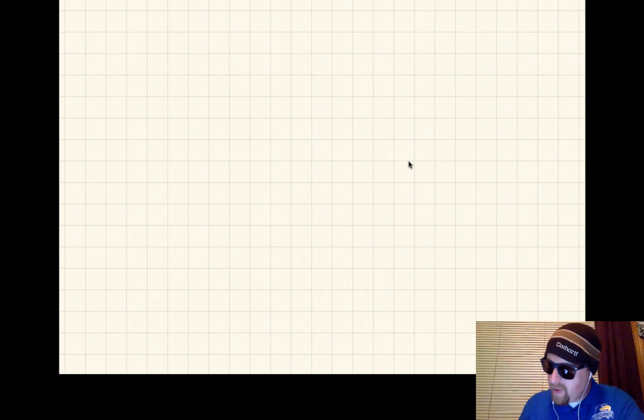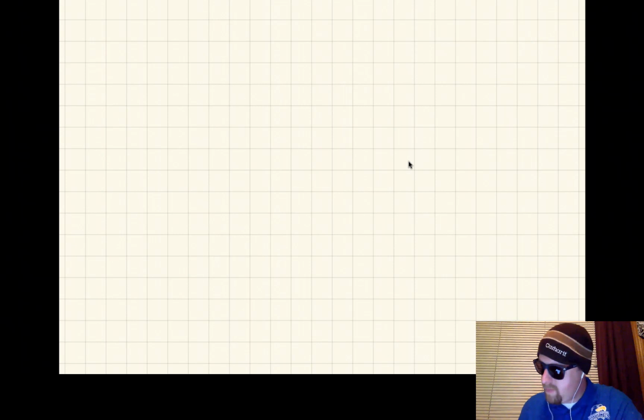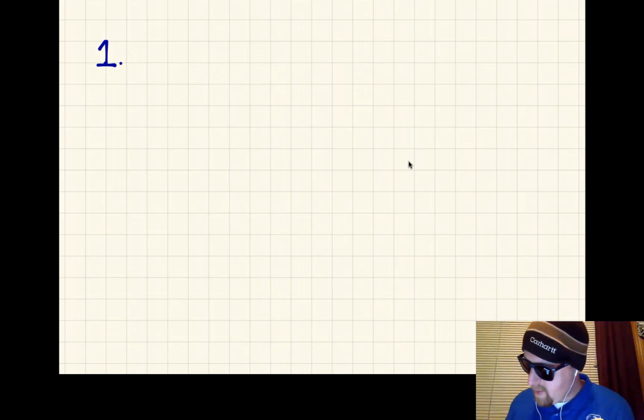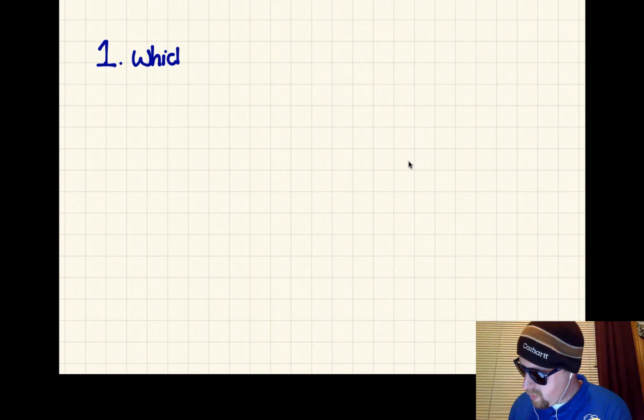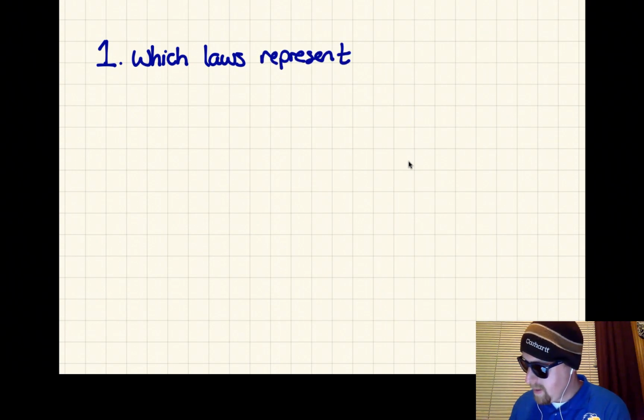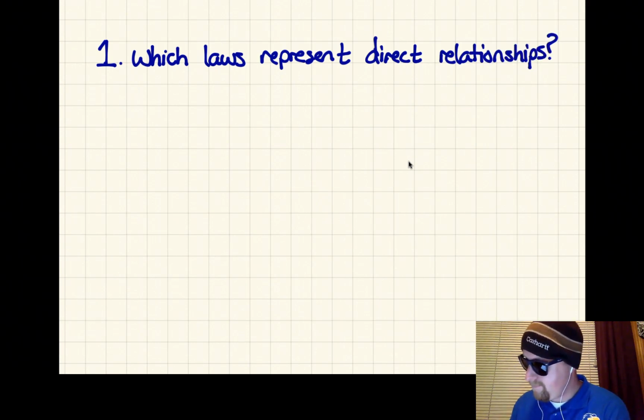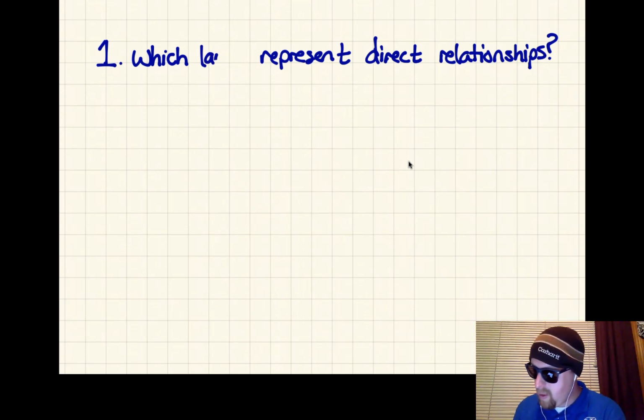The first scenario that I want you to write down in your notes, and this is to help you study for your test next week, is: which laws represent direct relationships? I want to be very specific that it could be law or laws.